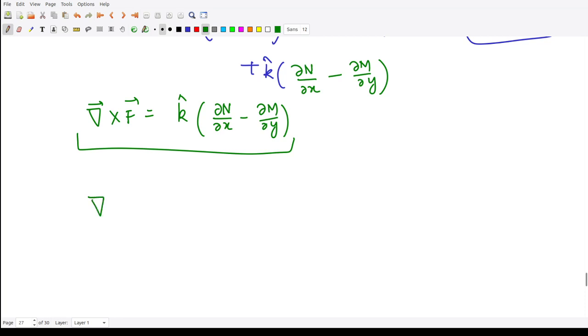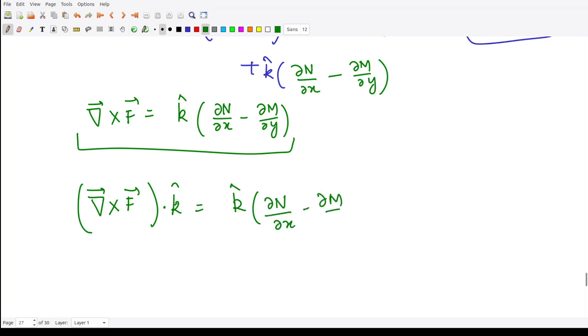If you take the dot product of this whole quantity with vector k, this would become the vector k times del n by del x minus del m by del y, dot with vector k. Now you know the k vector dot with k vector is equal to 1.